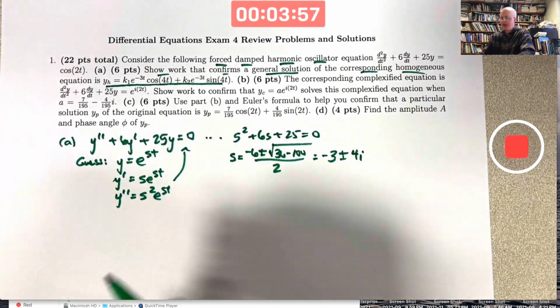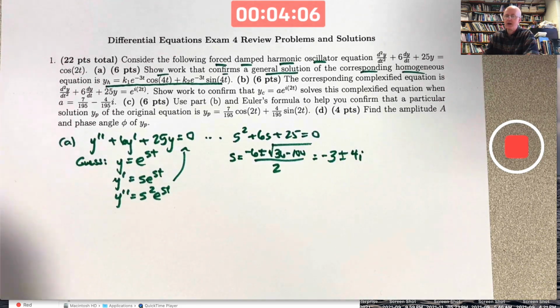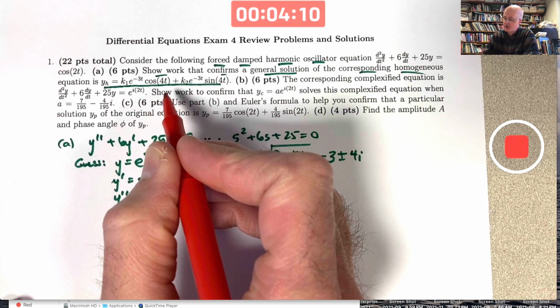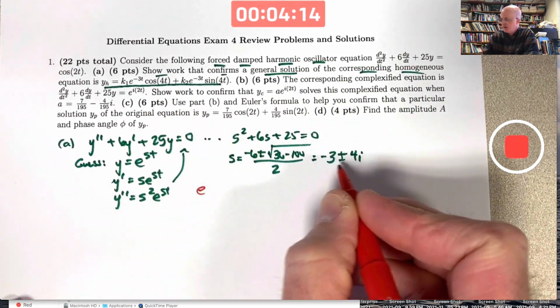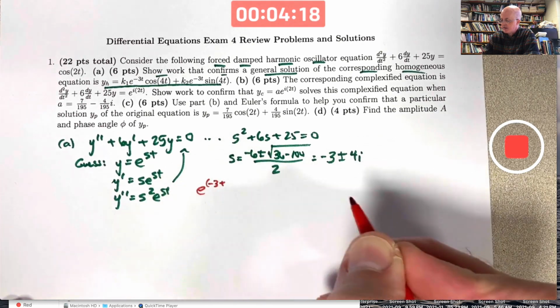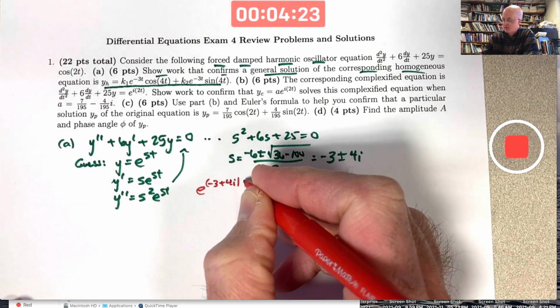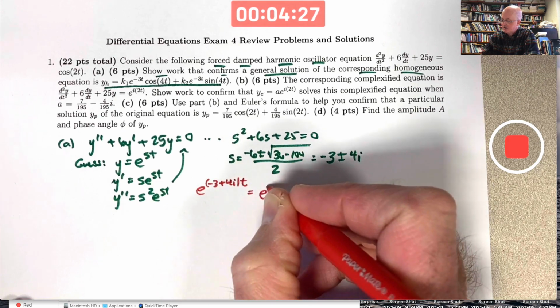To create a real general solution, we need to use Euler's formula to expand this complex solution and take the real and the imaginary parts of the complex solution as the things that we make the linear combination of here to get the general solution. So what do we do? It's actually good enough just to take one of the eigenvalues here, negative 3 plus 4i. I'm saying eigenvalues because it does, again, correspond to a matrix. Multiply times t, expand this out.